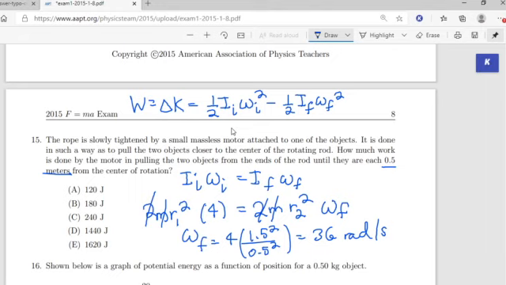But also the moment of inertia went down, and the moment of inertia would now just be 2 times 5 again, times r squared, which would be 0.25. Okay, and it's taking a while to input in my calculator.